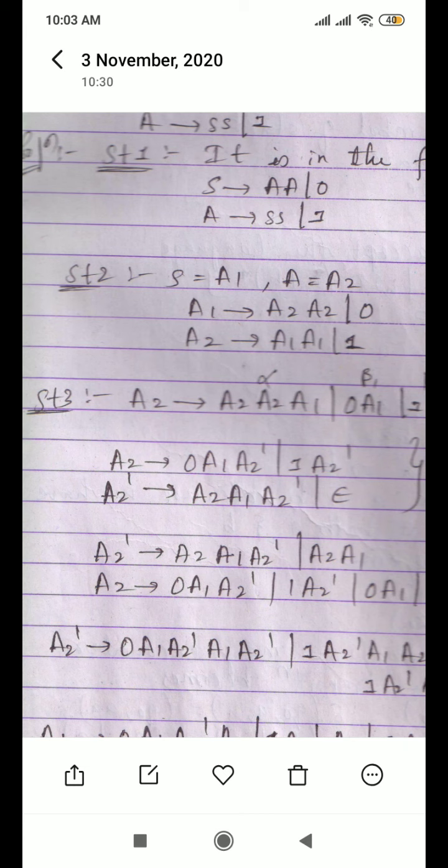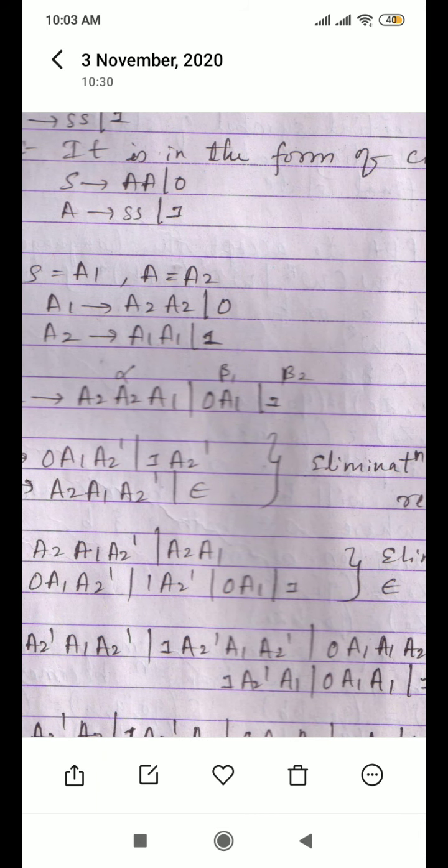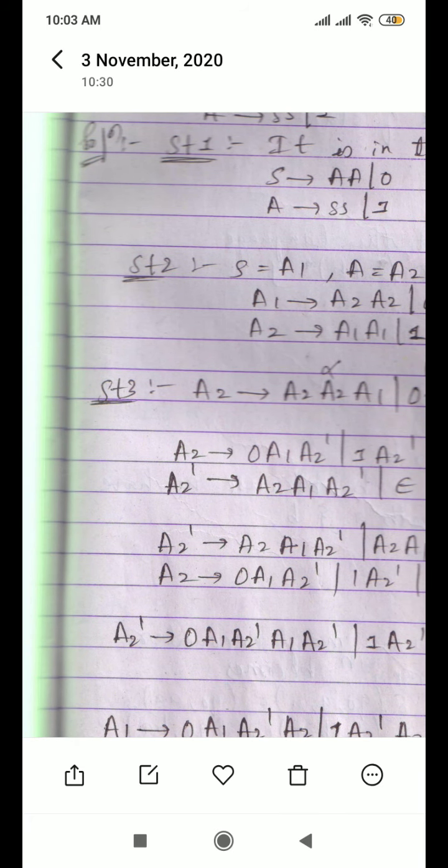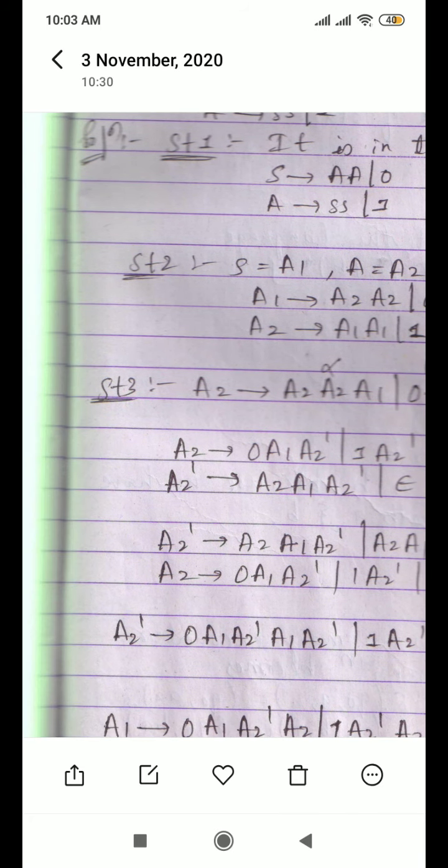Next, A2 dash has A2, which is converted into GNF form, so if you substitute the A2 value everywhere, A2 dash is also converted into GNF form. Finally A1 is A2 A2 or 0; again if I substitute the A2 value, A1 is also converted into GNF form. Hence I converted my grammar into GNF form.